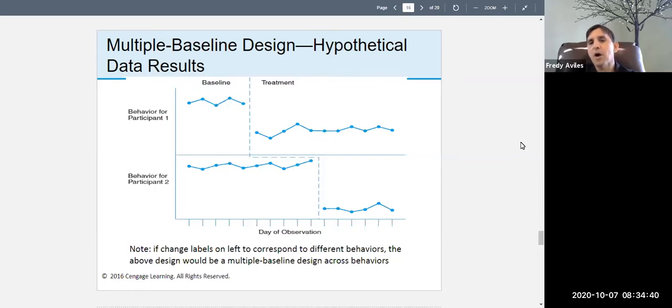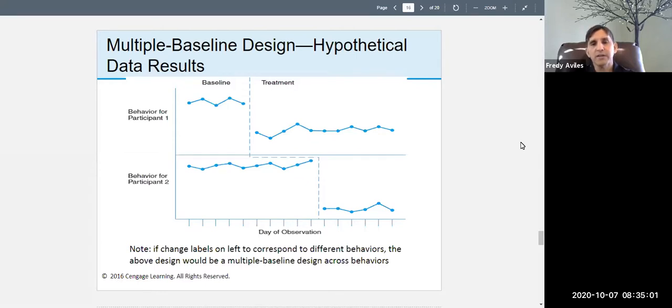For participant number 1, they start treatment, but participant number 2, you just continue observing their normal behavior without treatment. And then sometime later, they get the treatment and you see the improvement in their behavior. You see the decrease in disruptive behavior.